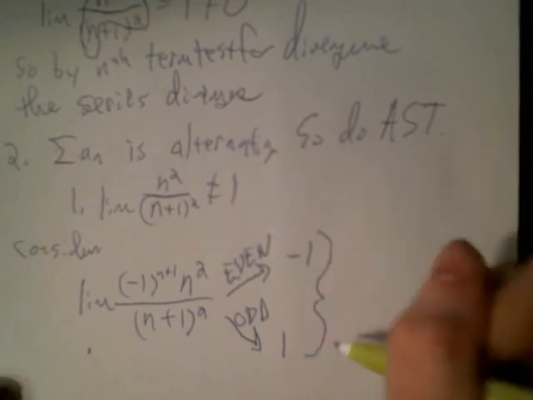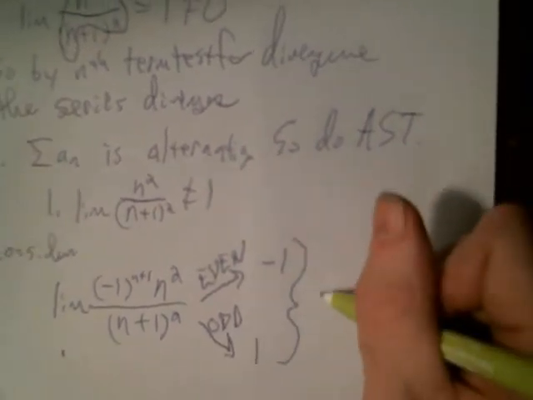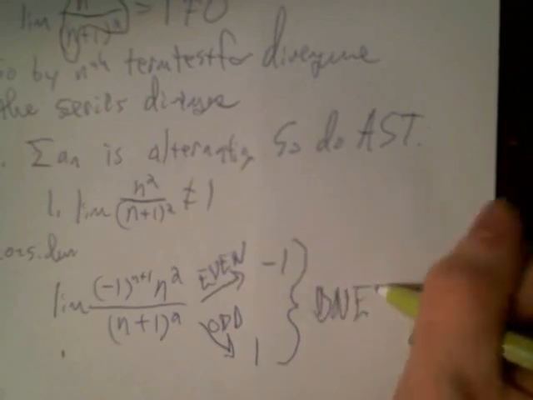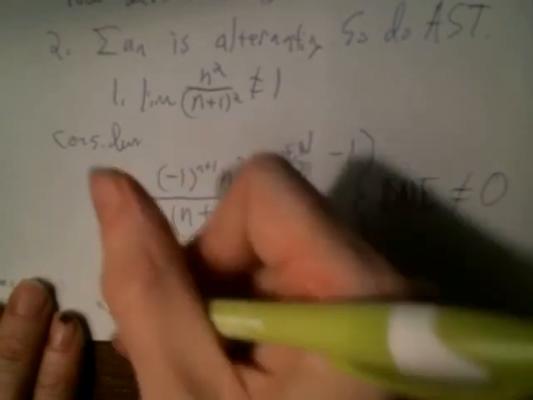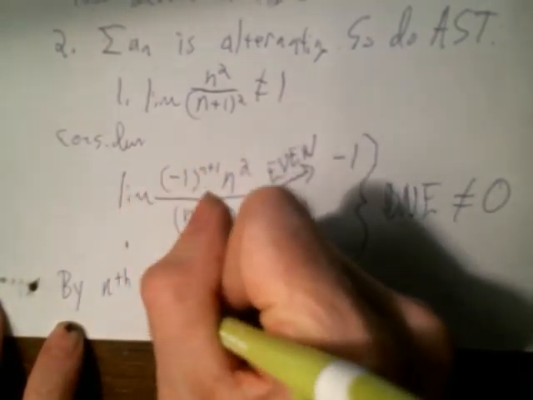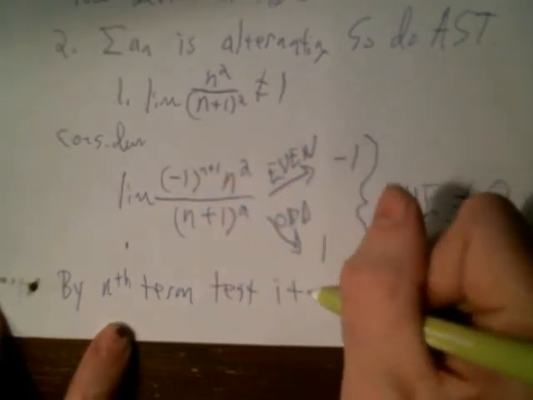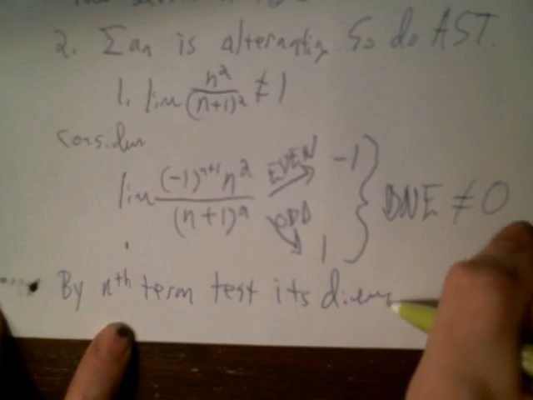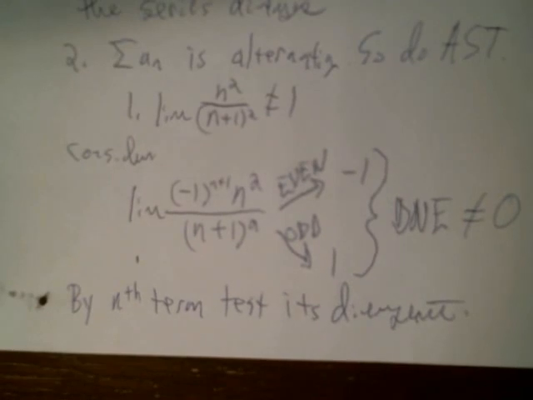Okay, the fact that you have even terms going one way, odd terms going the other, implies that this limit does not exist. And that's certainly then not equal to 0. So finally, you can conclude by the nth term test, the thing is divergent. Okay, so it's not conditionally convergent. It's not absolutely convergent. It's just plain old divergent. Okay, great. We'll see you later.